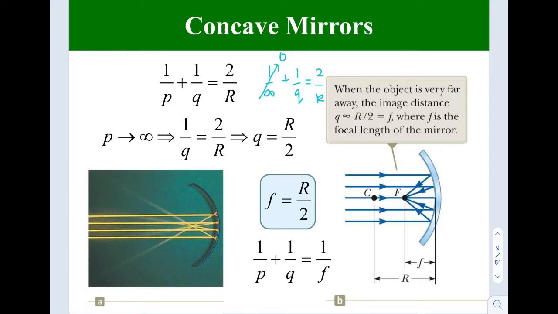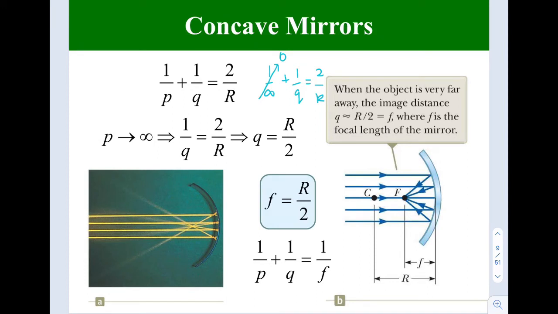So now q is equivalent to r over 2, and r over 2 is actually the focal length of the mirror. And this point we call the focus point of the mirror.